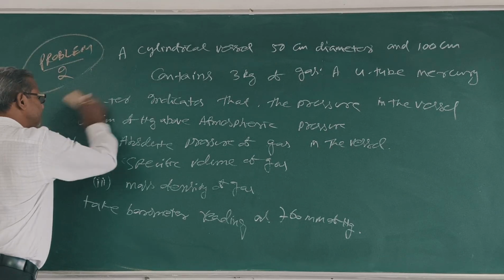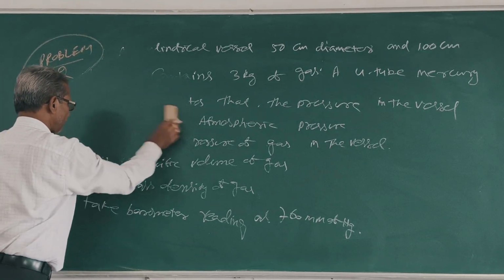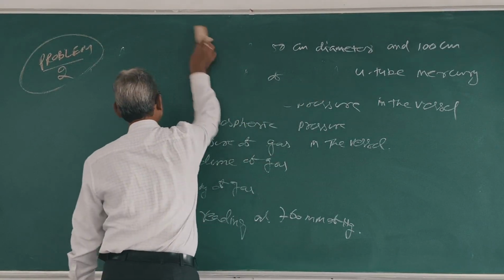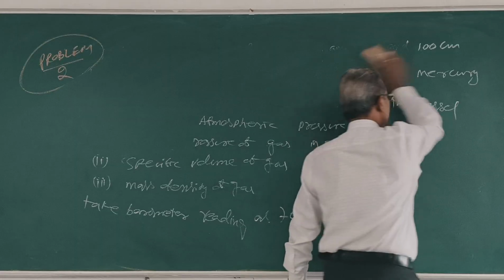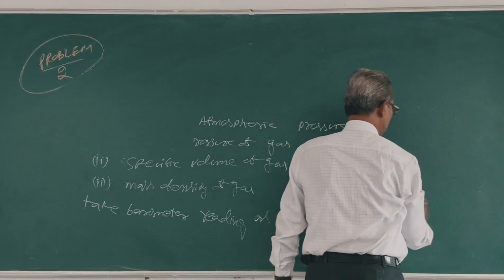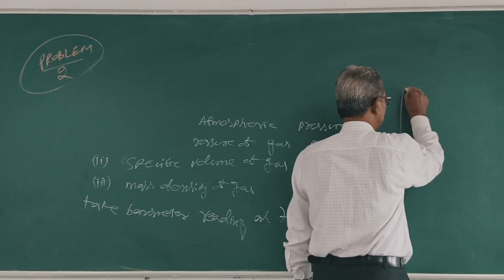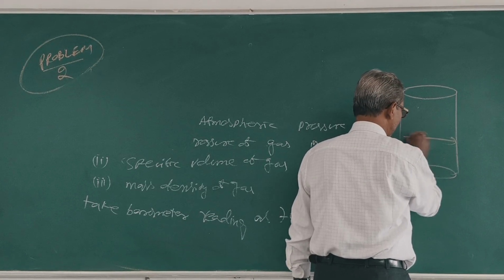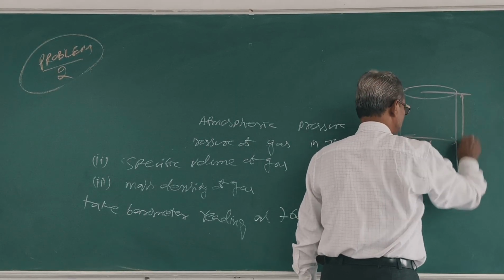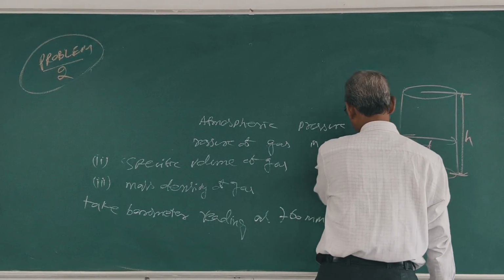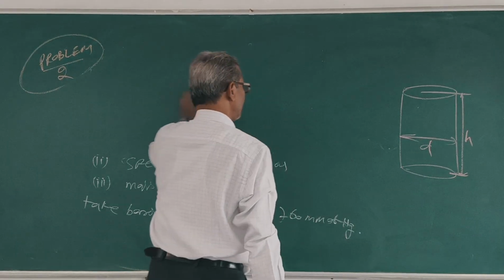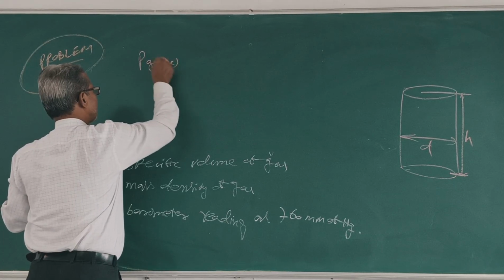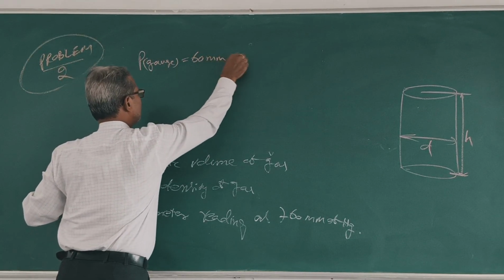The question is: suppose this is a cylindrical vessel. Clear? The diameter D, this height H. Given P gauge pressure 60 mm of Hg.